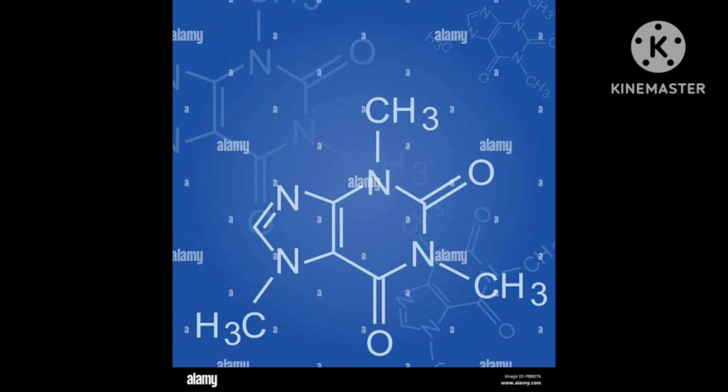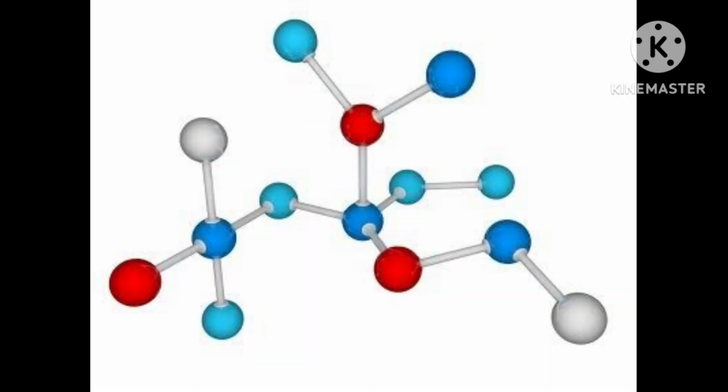Now I am going to discuss another way. By a line, or a dash, you can show a small line for the bond. This is an open structure. But you should not always write this way.